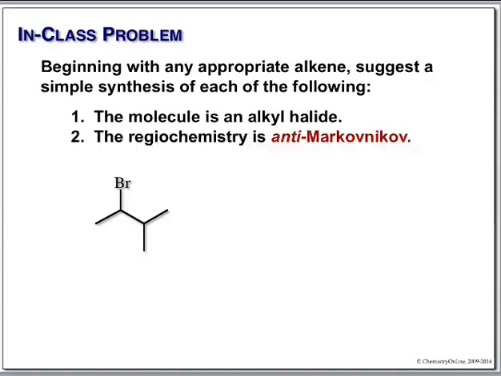The bromine is not attached to the carbon that would give the most stable carbocation. All right, how do we know to make anti-Markovnikov alkyl bromides? HBr peroxide, right?